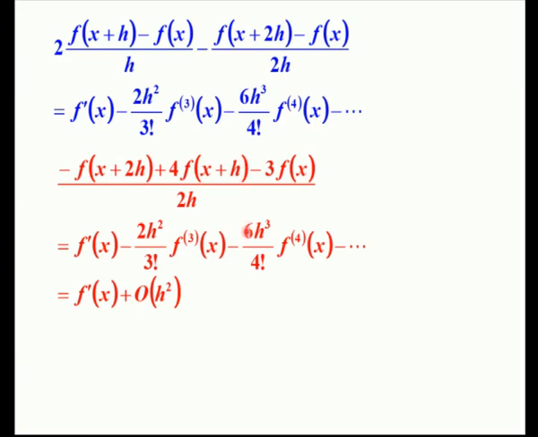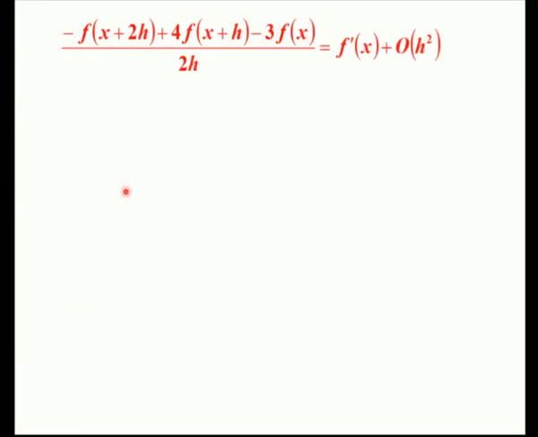So, which will give you the same thing, and that will give you an error. f prime is minus f of 2h f of x plus 2h plus 4 times f of x plus h minus 3 times f of x upon 2h. So, the derivative is approximated with the difference quotient.